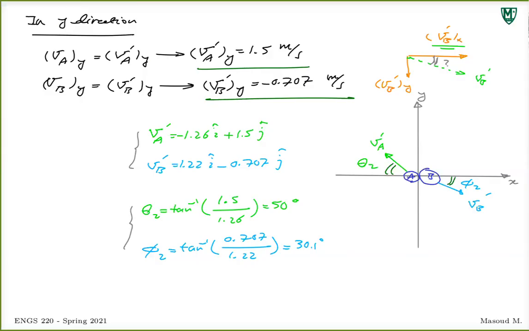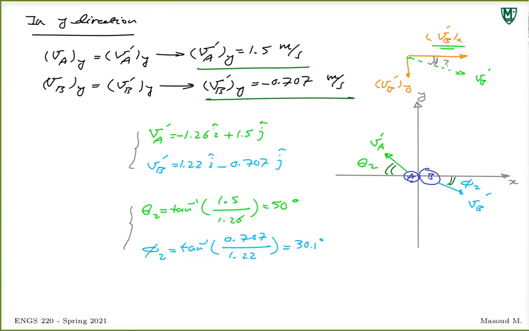It's good to remember that when we are studying an impact, we are looking at immediately before the impact and immediately after the impact. These velocities we found are velocities immediately after the impact, and the velocities we were given were velocities immediately before the impact.